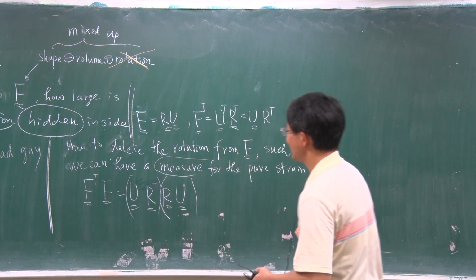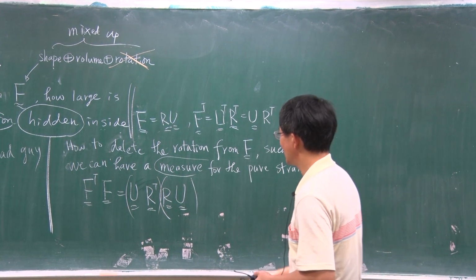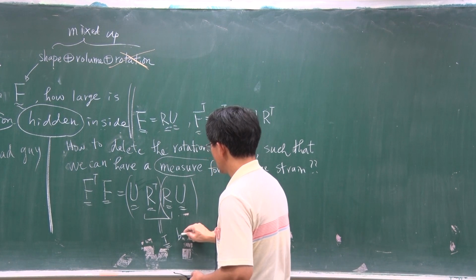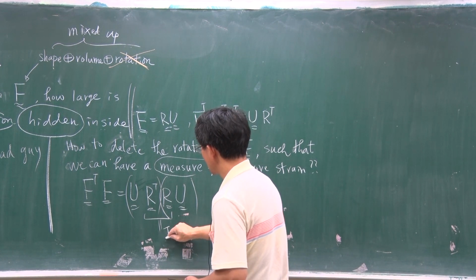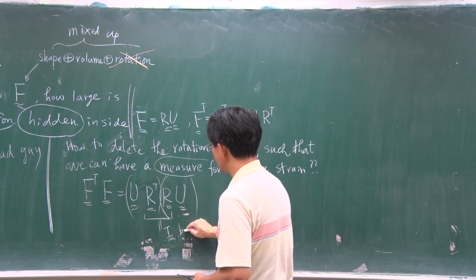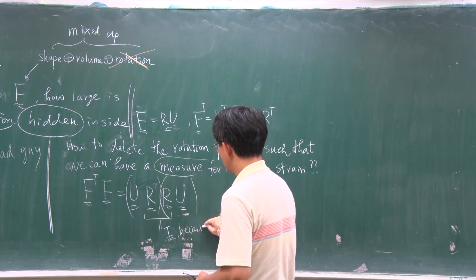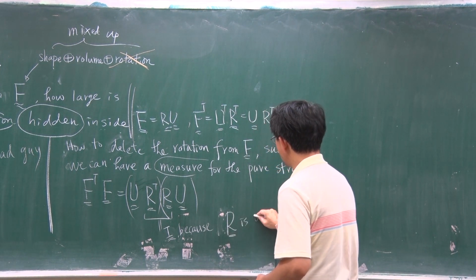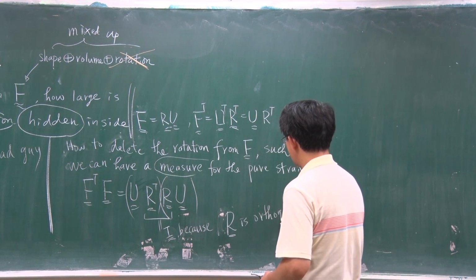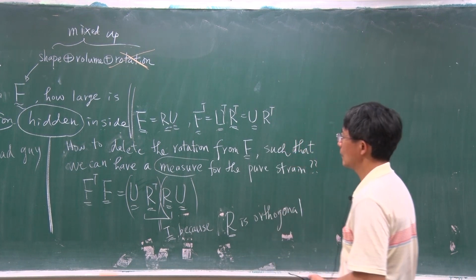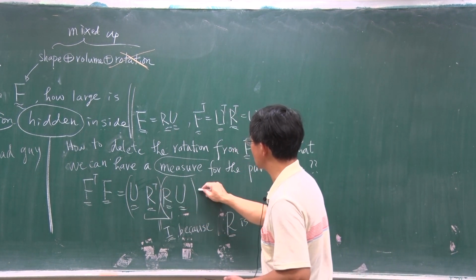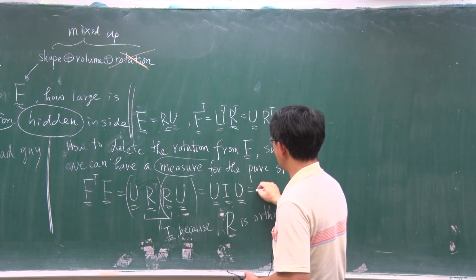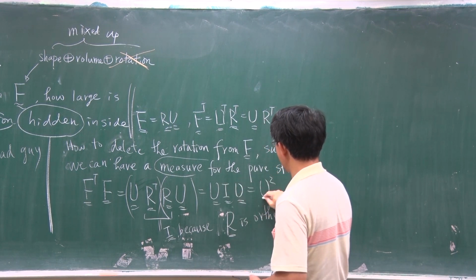Because R is orthogonal, R transpose R is equal to I, the identity matrix. So we have U I U, and then we have U squared.